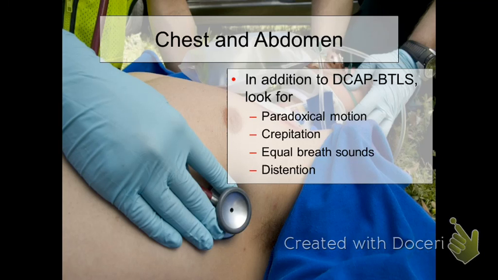Well, this says paradoxal motion, but it's probably the same word. It's like a flail chest. You get opposite. Paradoxical motion is opposite of the other side. So if you're talking about the ribs, one chest wall goes out and the other goes in.